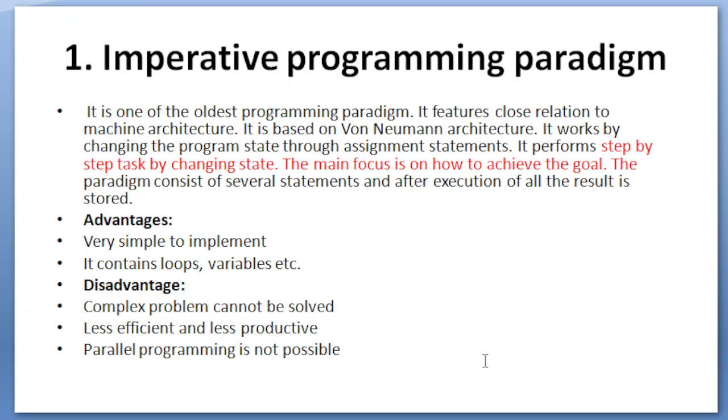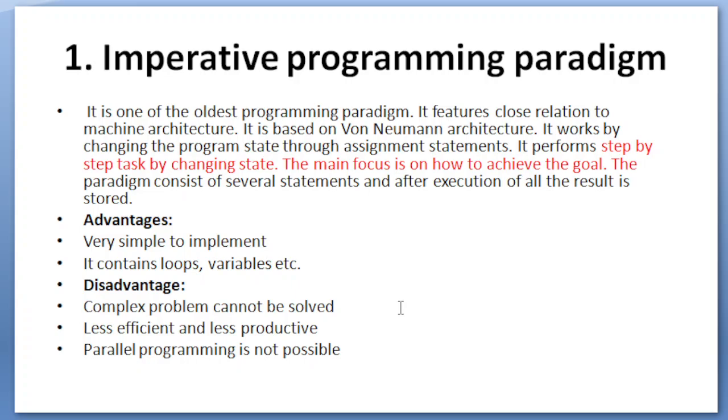Here I have given the imperative programming paradigm. This is one of the oldest programming paradigms, and it has the closest relation to the machine architecture. It is based on the von Neumann architecture, and it performs tasks step by step by changing state.